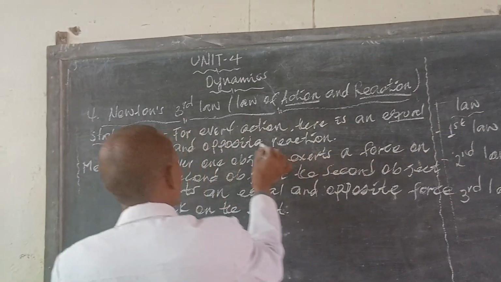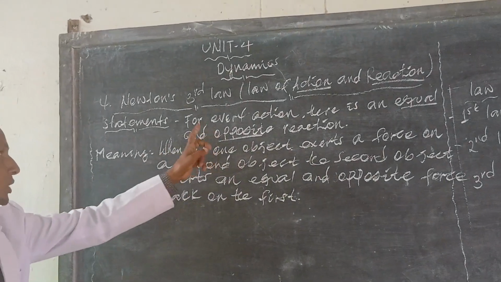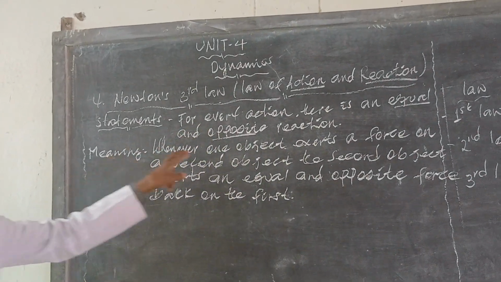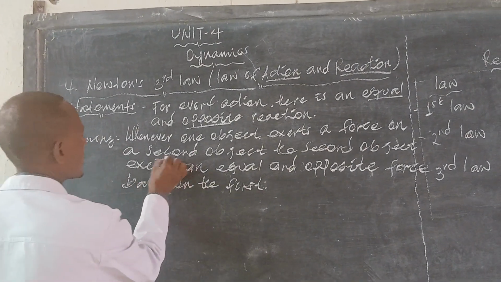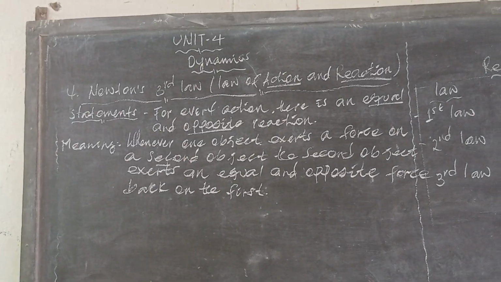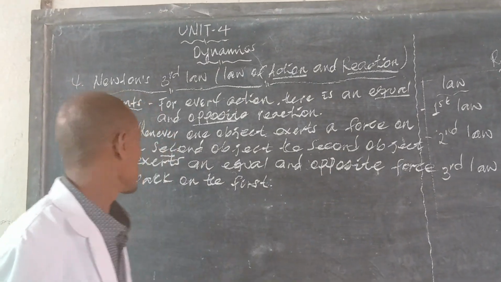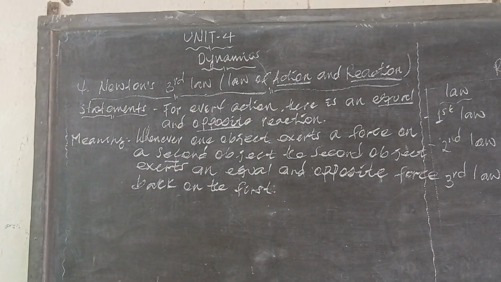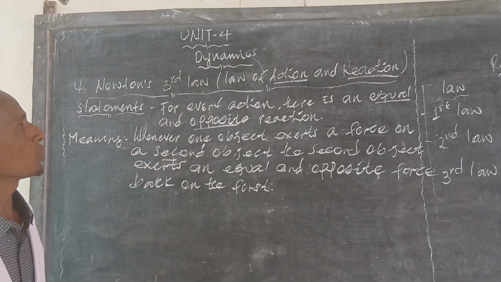These forces are paired, equal and opposite. Whenever an object exerts a force on a second object, the second object also exerts an equal and opposite force back on the first one. So this is Newton's third law of motion.